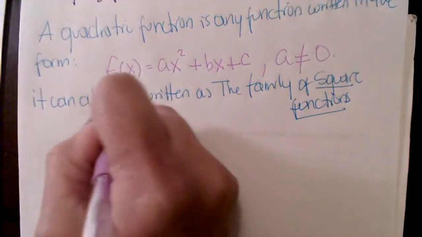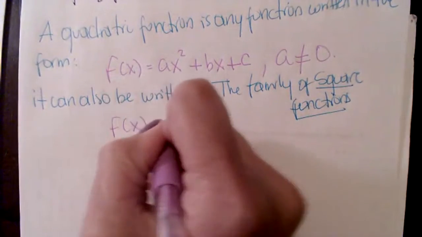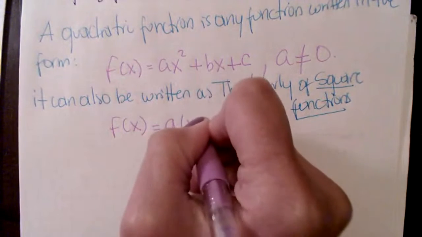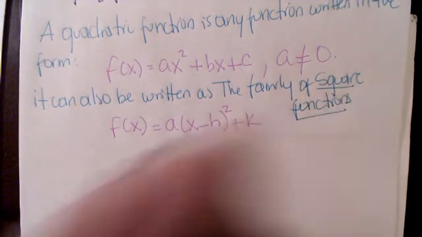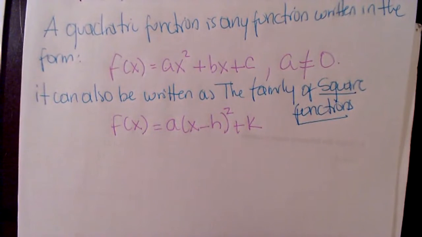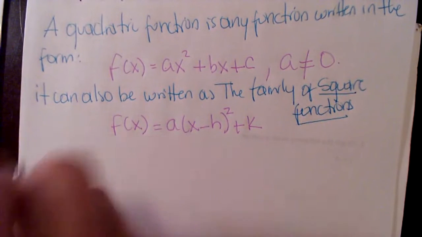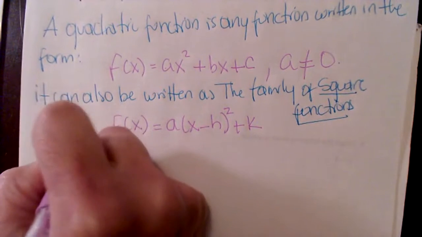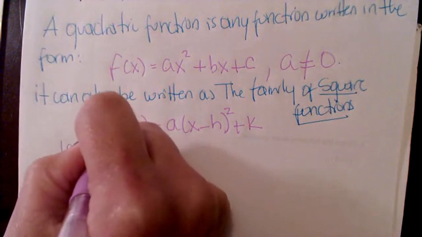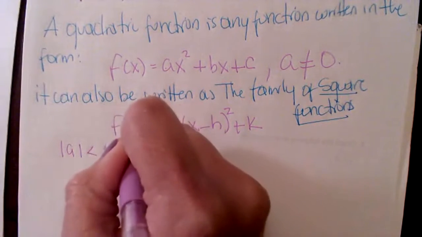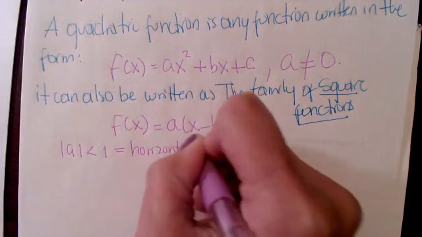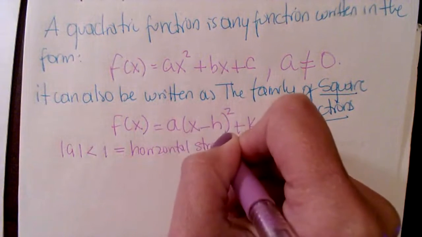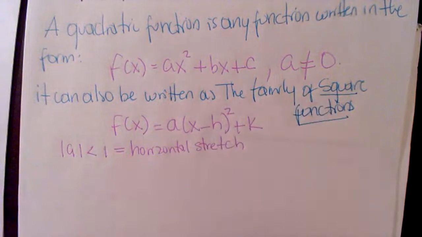So let me do it here. We have f of x equals a times x minus h squared plus k, where the absolute value of a, when it's less than 1, is a horizontal stretch, okay?